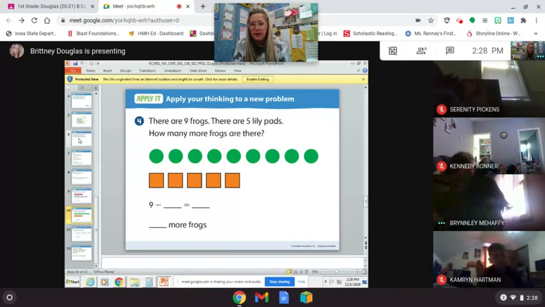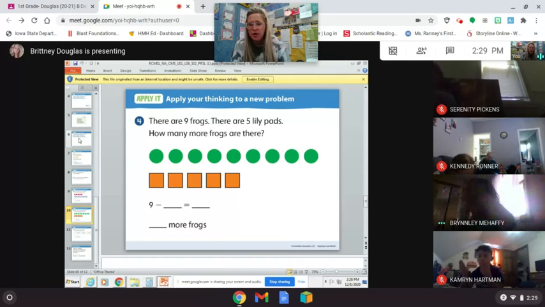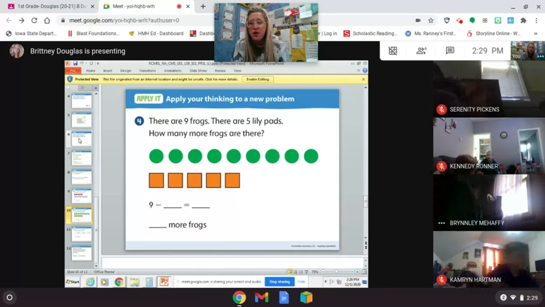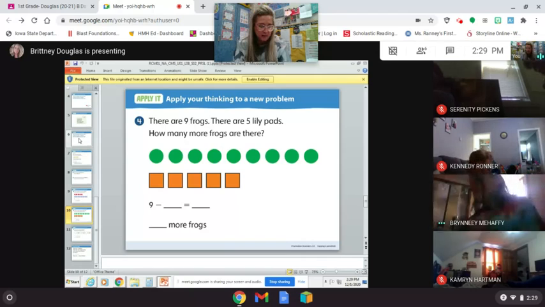If you take each circle and put it at one square, there's going to be some leftover circles. Use your pencil and do that. See how many are left after you draw a line from each circle to each square. There's 9 frogs all jumping onto lily pads. There's not enough lily pads. We're trying to figure out how many more frogs are there than lily pads.